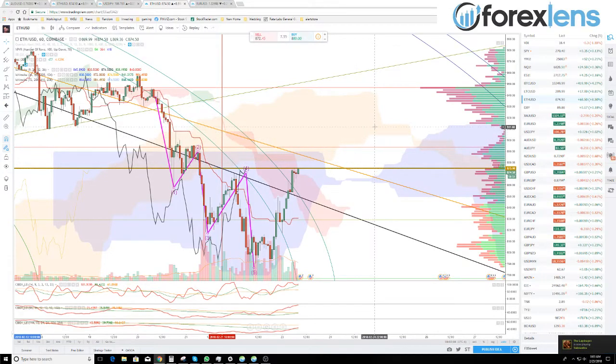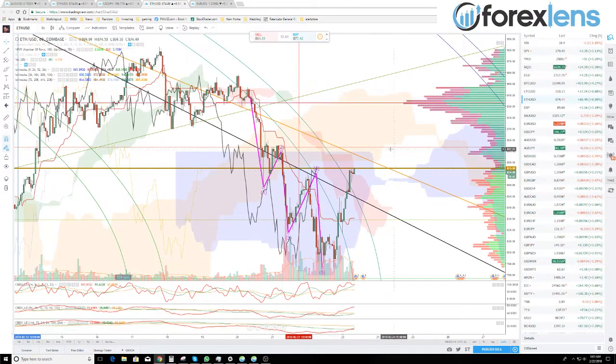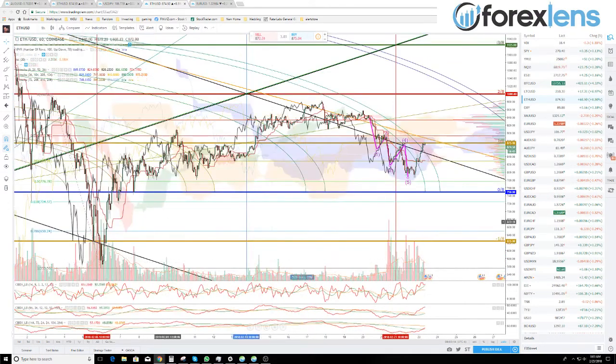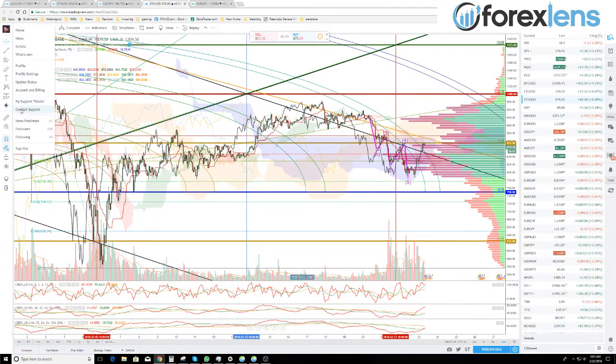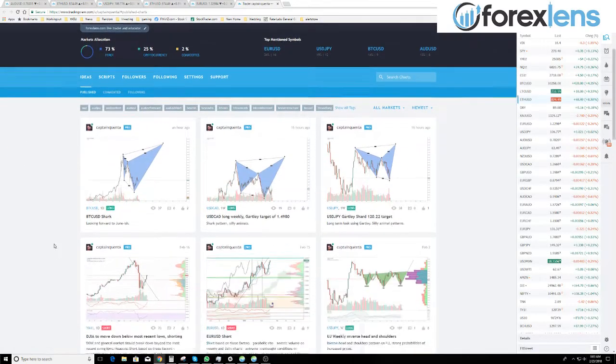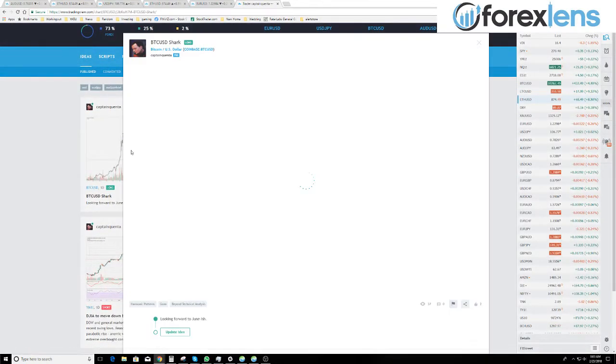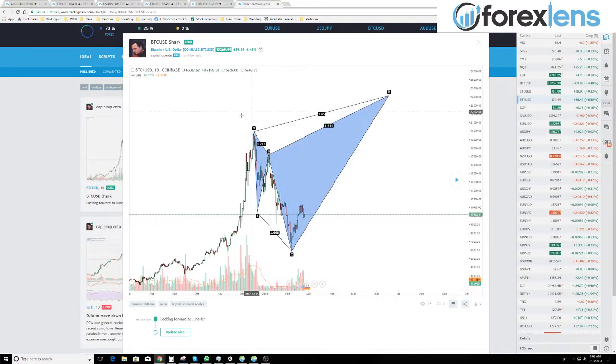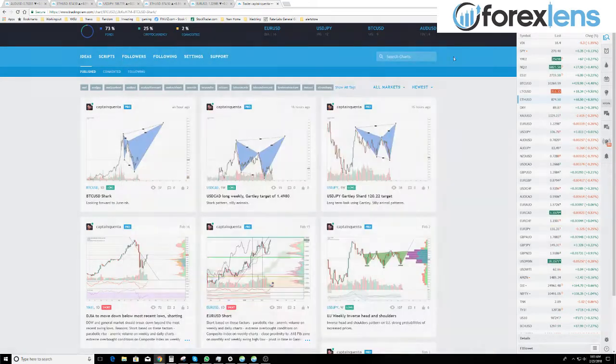All right, so again, let's look for some nice trades, and crypto is going to be some great trades. I posted an idea in TradingView here. Where are we at? All right, yeah, I posted a couple. I posted this an hour ago, Gartleys, if you like Gartleys. This is our target area on our D, 24,000.